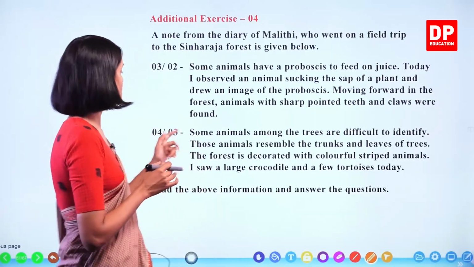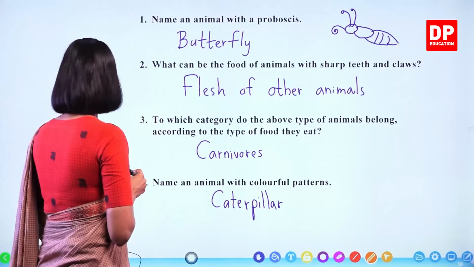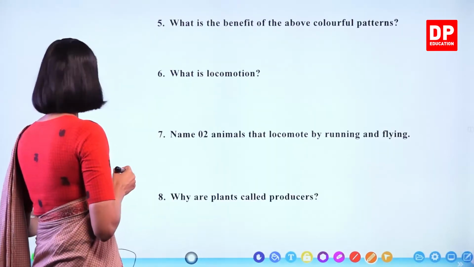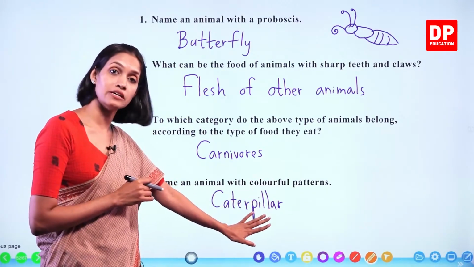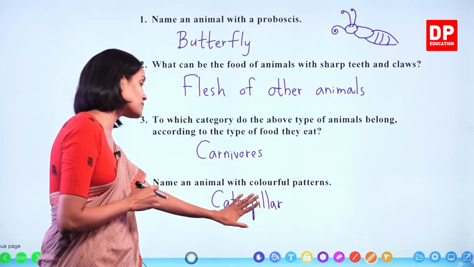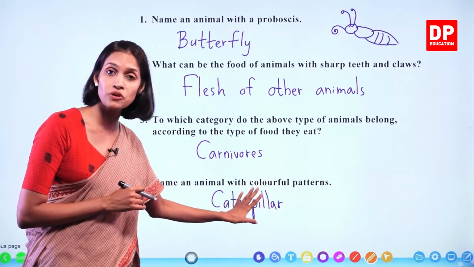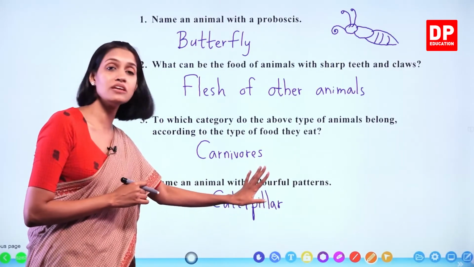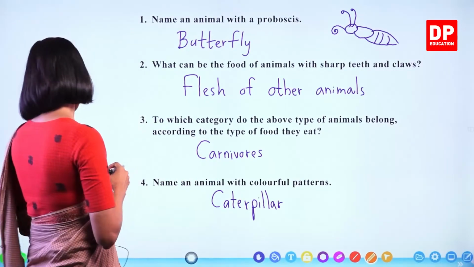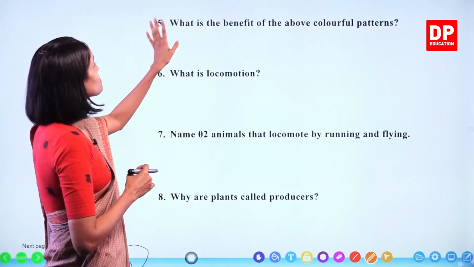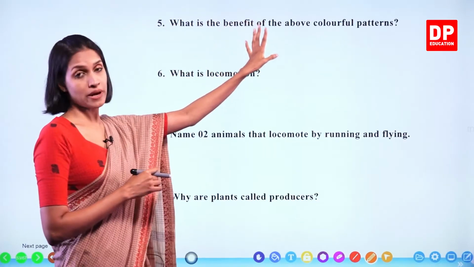Okay? Right. So here we wrote an example, name an animal with colorful patterns, caterpillar. So when we consider the caterpillar, these body patterns, the colors are very important to be protected from the predators, okay? Right. What is the benefit of the above colorful patterns?